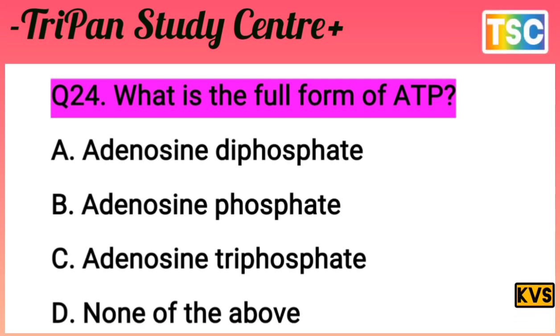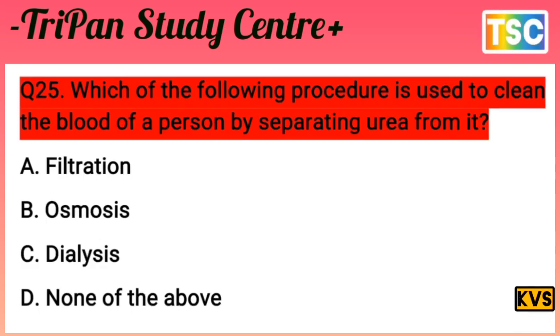Let's see the next question. Next question on your screen. Which of the following procedures is used to clean the blood of a person by separating urea from it?